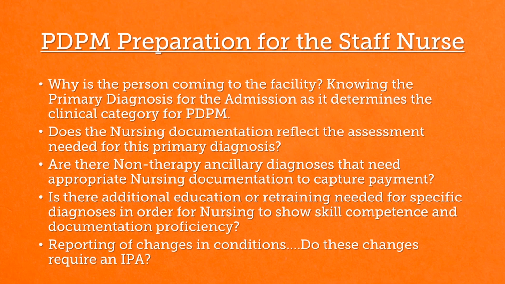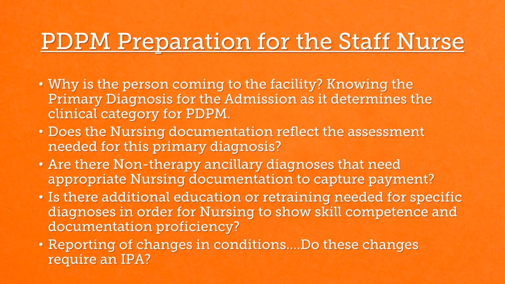Do our nurses have the skills to document for cardiac patients, for orthopedic, for senile dementia? So all of those care paths are diagnosis groups we really want to make sure our staff is knowledgeable about. Now, there are also some other diagnoses besides the primary that come to my mind.